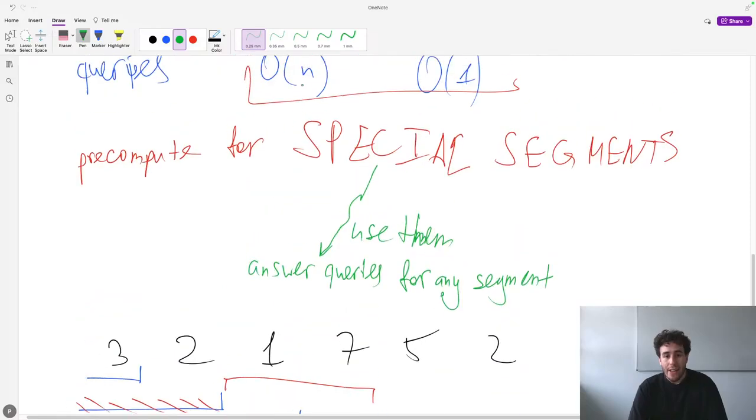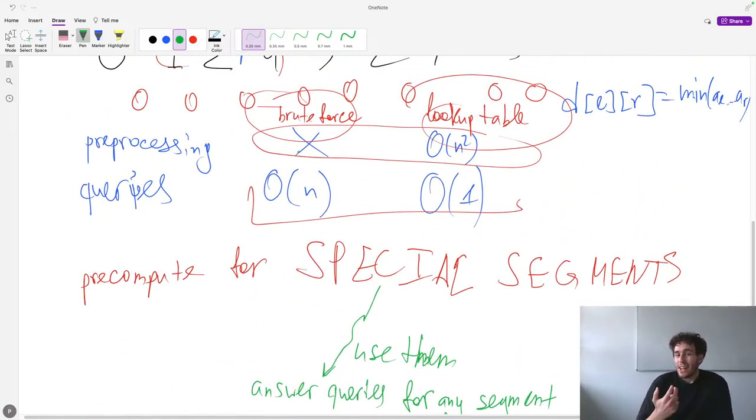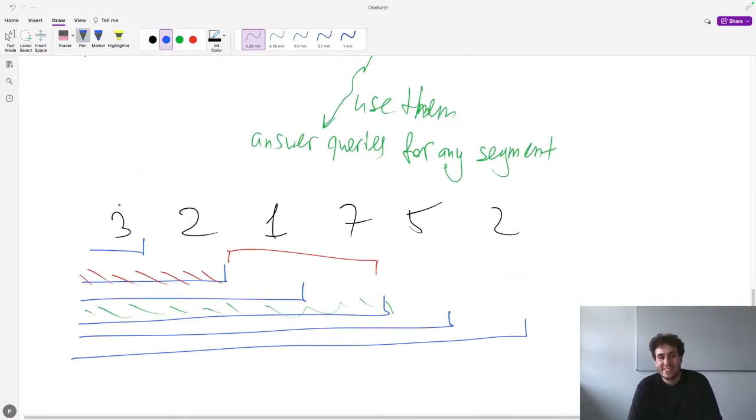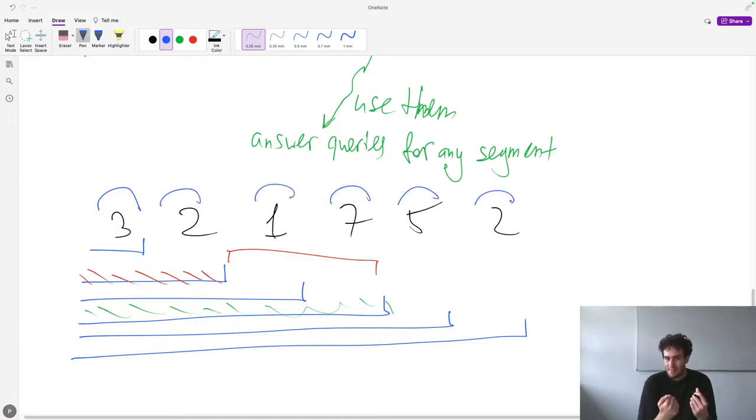If I have brute force, I'm actually also constructing my query segment from pre-computed segments. This is kind of hard to see, but the segments that we use are just single elements. So my initial array basically stores sums or minima or whatever on segments of size 1.